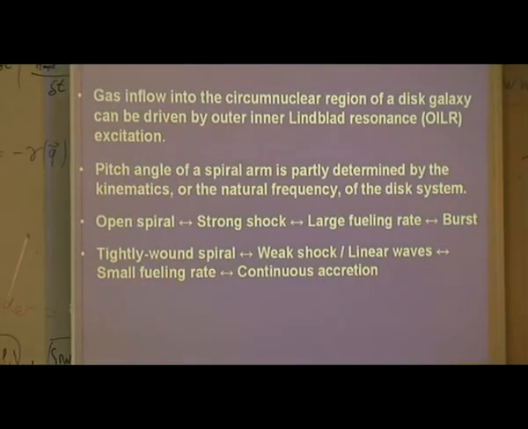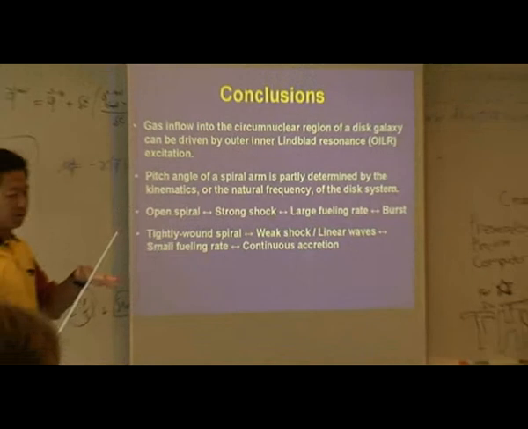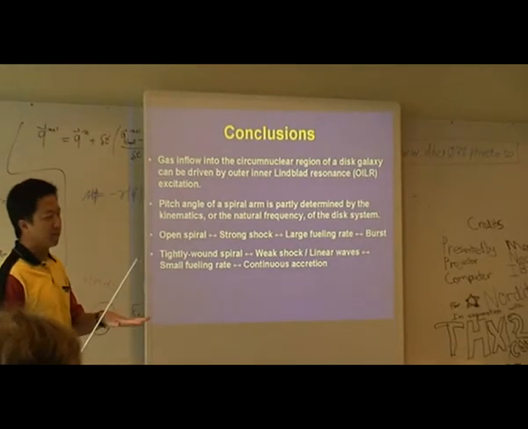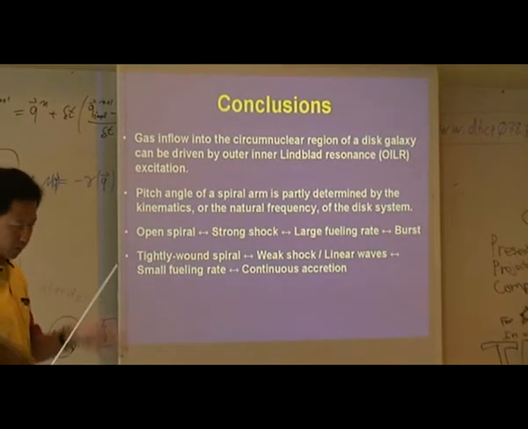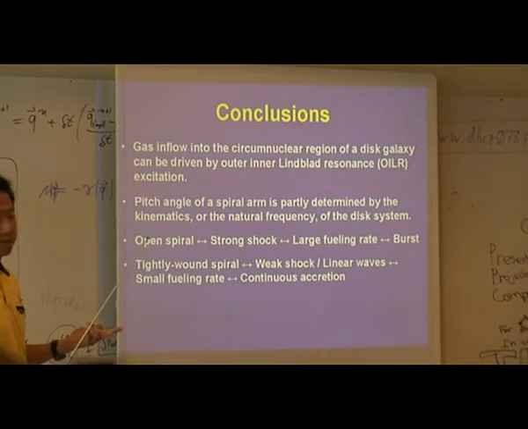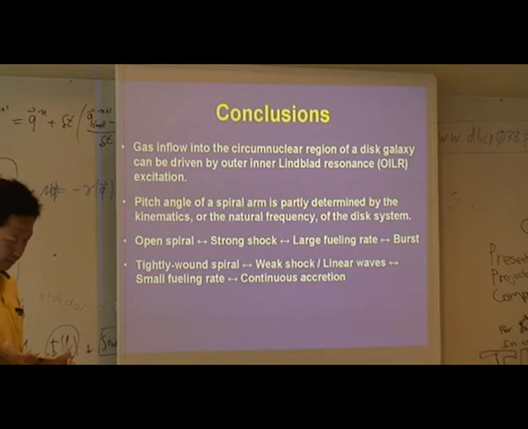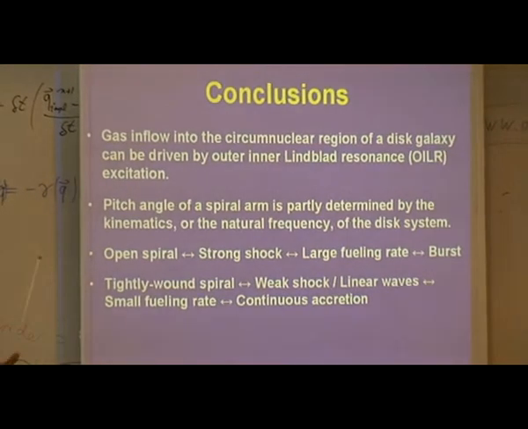So there are several conclusions. We think that in the bar-driven system, by producing outer and inner Lindblad resonance excitation, gas can be driven into the very center. And to diagnose this streaming flow, you can just use the kinematical information.